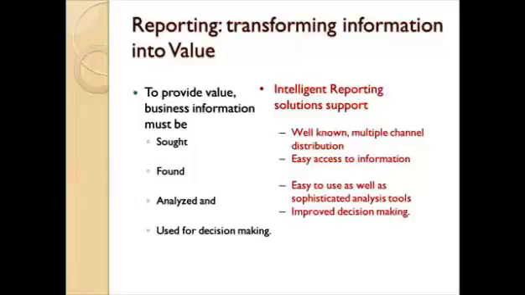Academic journal articles will tell us the theories or the concepts that are needed for a good product for a particular business problem. Based on this slide, for instance, certain criteria are specified. For instance, multi-channel distribution, easy access, easy to use, improve decision making, and so on.